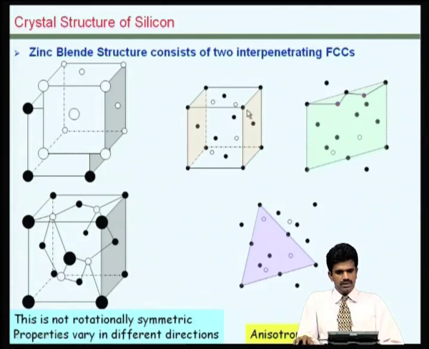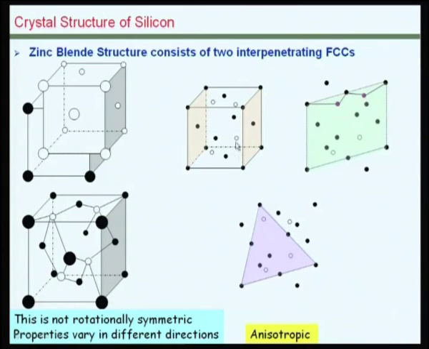And if you look at the various crystal planes, in the 100 plane, within a square of lattice constant A, we have all these 5 atoms, which are essentially the FCC atoms.